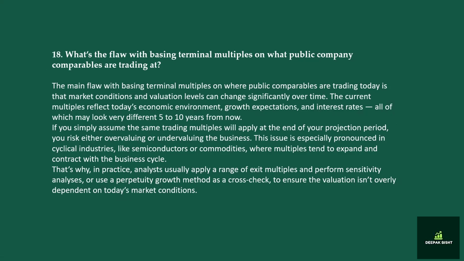Another problem is that the public comparables may not perfectly represent the company you are valuing, and differences in growth prospects, margins, capital structure, and geographic exposure can make the multiples of public companies a poor proxy.